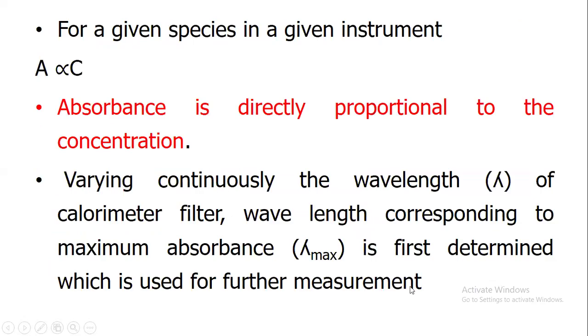For a given species in a given instrument, A is proportional to C; absorbance is directly proportional to the concentration. Varying continuously the wavelength of the colorimeter filter, the wavelength corresponding to maximum absorbance is first determined, which is used for further measurement.